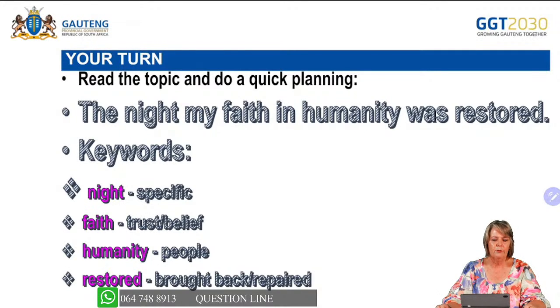When something is restored, it means to be brought back or repaired. So the story might be you don't have trust in people, but that specific night, your belief in people was repaired. I'm going to give you 5 minutes to quickly put together your brainstorming and just jot down ideas or main ideas that you might want to write about.